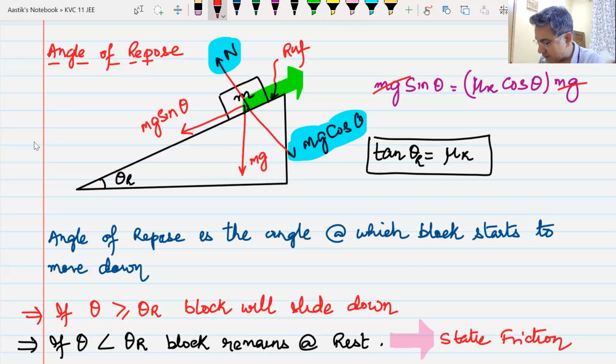I could have made a less theatric entry by just putting it on the horizontal surface, but I wanted an entry like a hero. That's why inclined plane, and static friction appearing from nowhere. Static friction, denoted by the legendary letter small f, with s denoting it is static in nature.